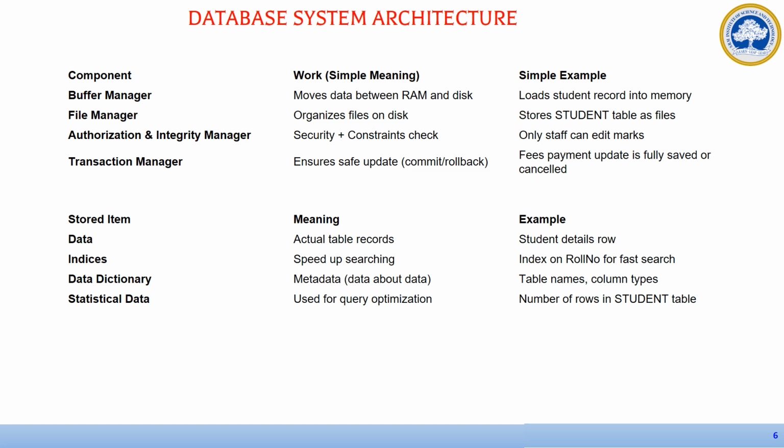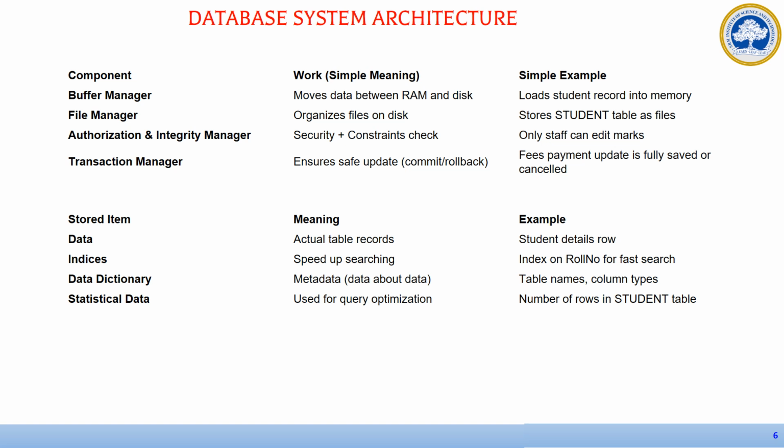Next we have indices, the data dictionary, and statistical data. These are used for the actual table records, speed of searching, and metadata used for query optimization. The example is student details.